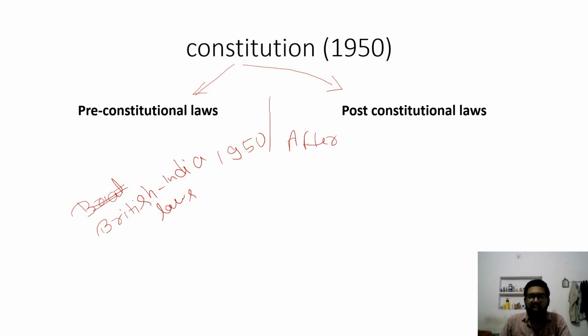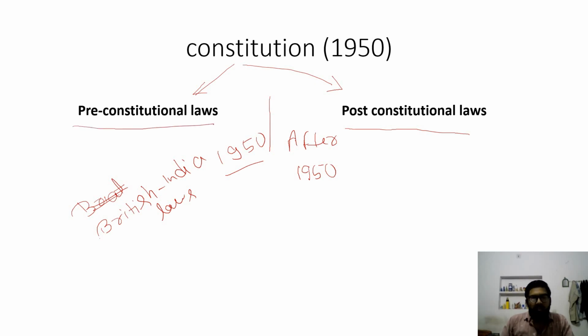And post-constitutional law means after the commencement of the constitution. Okay, it means after 1950, laws which are written in our constitution. Any amendment, any new laws all fall under post-constitutional laws, and any law before 1950 which was passed by Britishers falls under pre-constitutional laws.